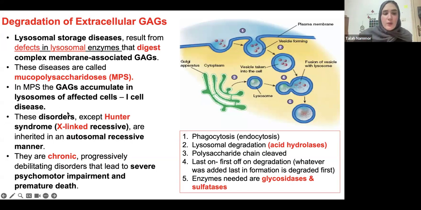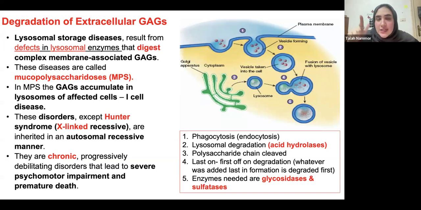In all of these diseases, GAGs will accumulate in the lysosomes of the affected cells. Why? Because the lysosomal enzymes are defective, so they cannot break down the GAGs, so they're just going to accumulate and result in the formation of lysosomal storage disease. Tamam?